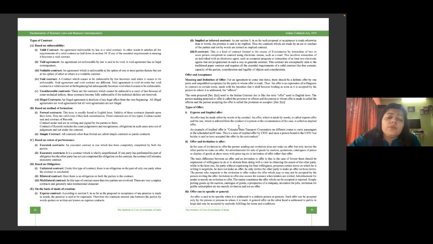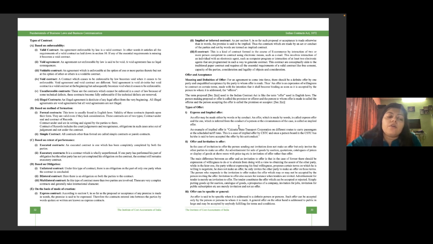These contracts are of two types. Either they are contracts under the Contract Act, or contracts under seal and contracts of record. The second is with respect to contracts under seal, which are in writing and signed by the parties to them.